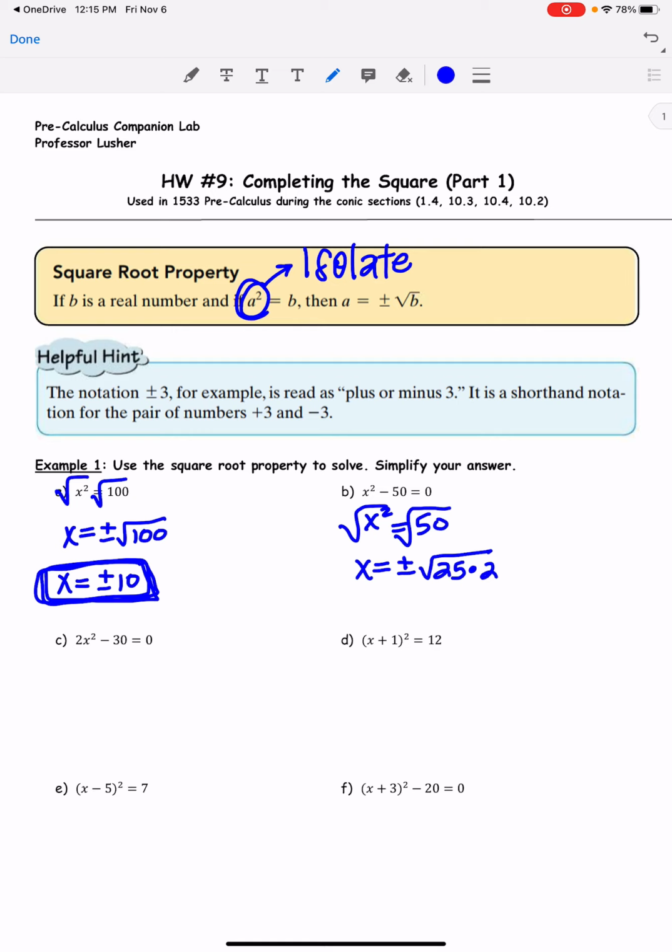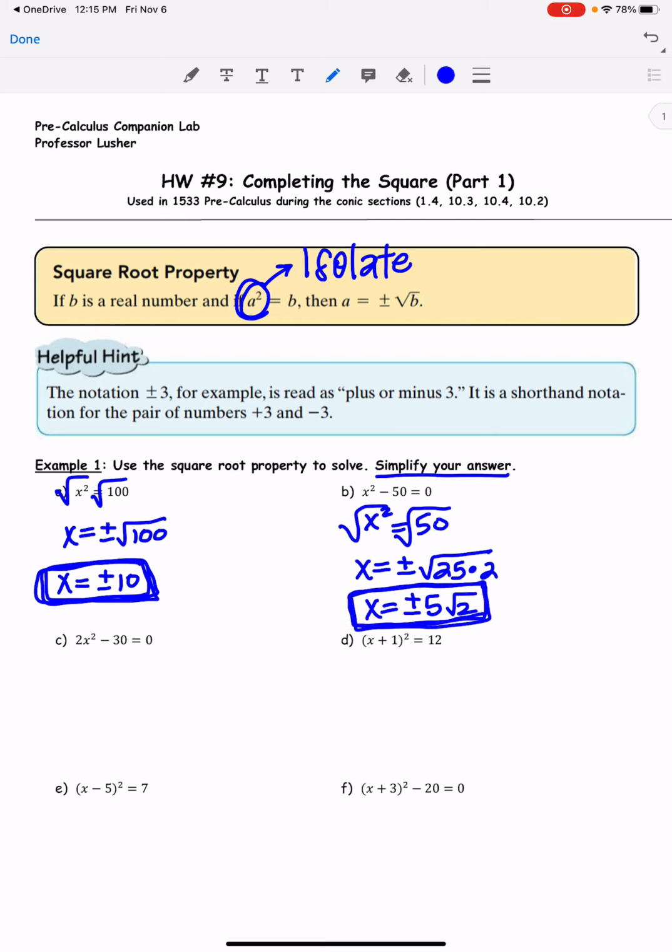I should have read the instructions, but it says simplify your answer, and we can simplify. So this goes back to homework 4, where we're simplifying radicals. I'm figuring out what my biggest perfect square is, which is 25. So this becomes x equals plus or minus the square root of 25 is 5, and then that stays a square root 2.